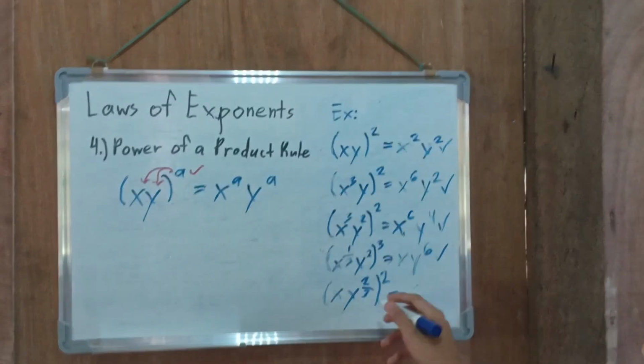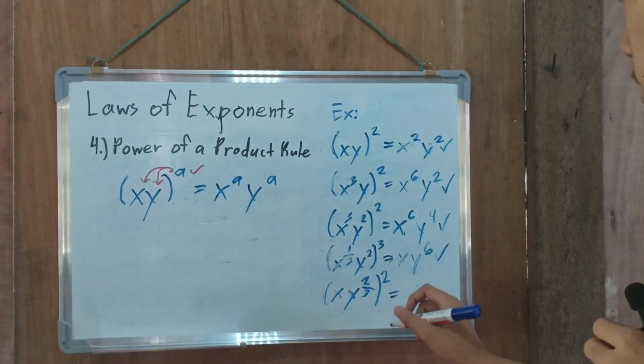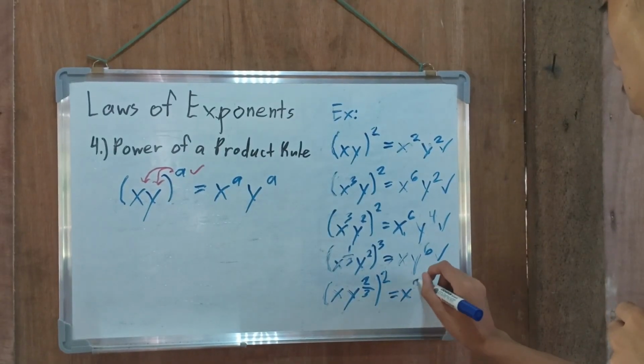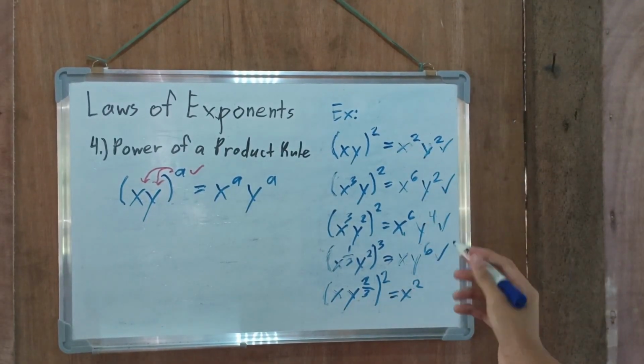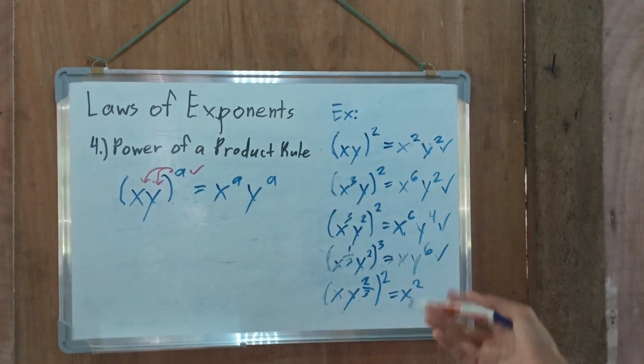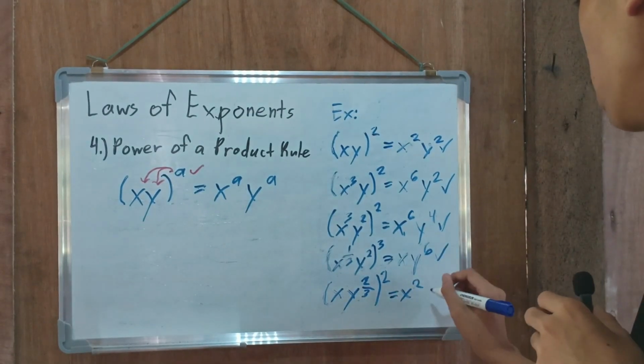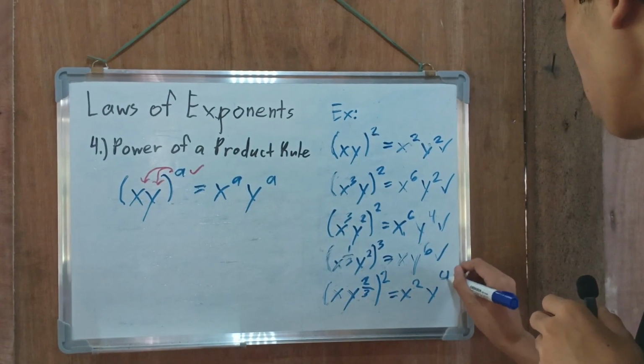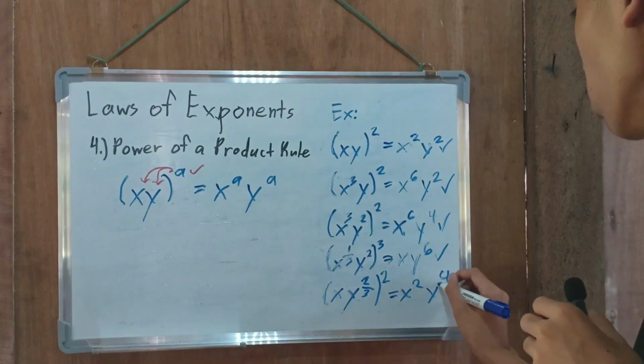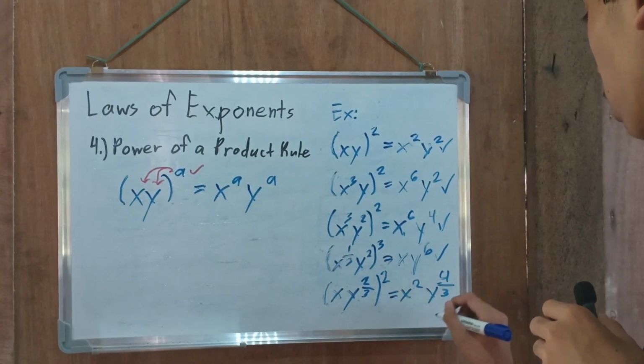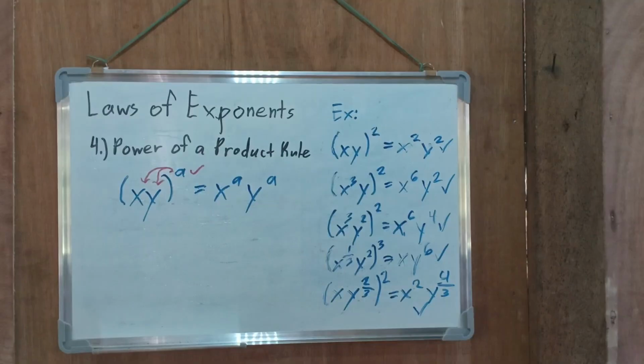We're going to distribute the 2 to x, so x squared. We're going to distribute 2 to y raised to 2/3. So 2 times 2/3 is y to the 4/3. The denominator is not affected, so here is your final answer. You could pause the video if you want.